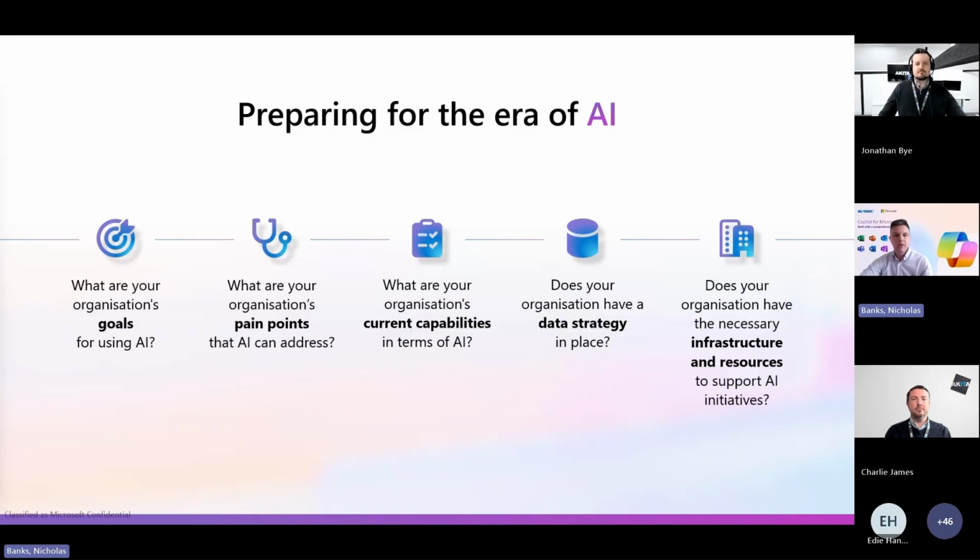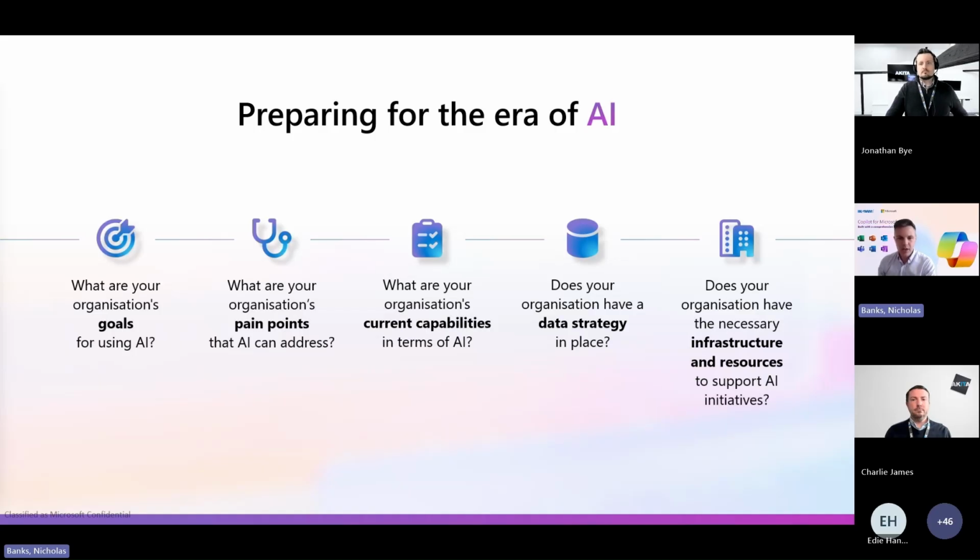How can AI potentially address these pain points? Are there a lot of manual tasks that could be automated? Is it to be more efficient in meetings? And number three, what are your current AI capabilities? Do you have chatbots already? Are there people already using AI? Are there people already skilled in the art of prompting, which is something quite new that we're having to get to grips with? And does your organization have a data strategy in place?